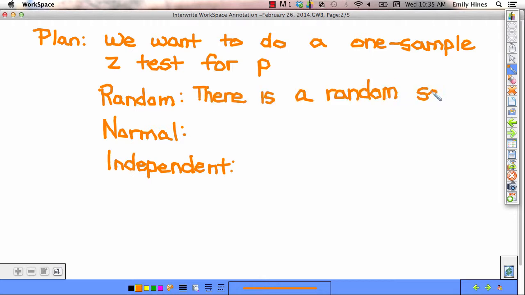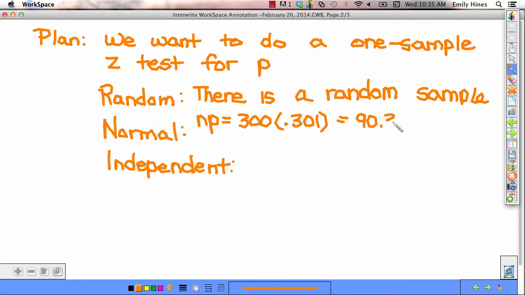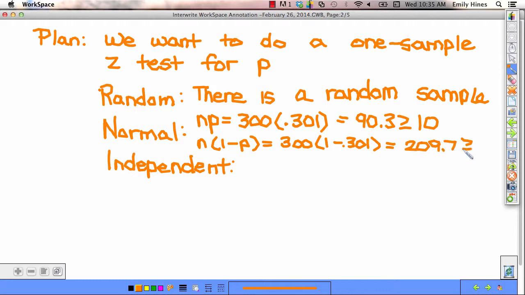I'm still dealing with proportions here, so for normal, I need to say n times p. So that's 300 times the 0.301 that we're assuming is true. And that gives me 90.3, which is greater than or equal to 10. And n times 1 minus p, so that would be 300 times 1 minus 0.301, which is 209.7, which is also greater than or equal to 10.